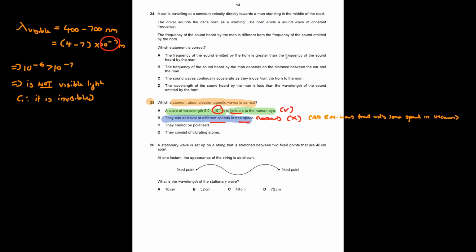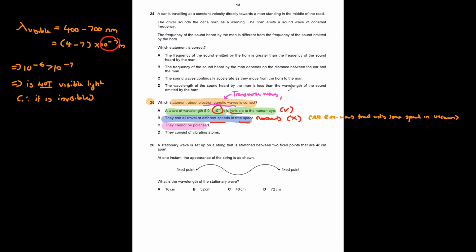And then if you look at answer choice C, they cannot be polarized. Now think about it. Electromagnetic waves are transverse waves. Since they are transverse waves, they can be polarized.